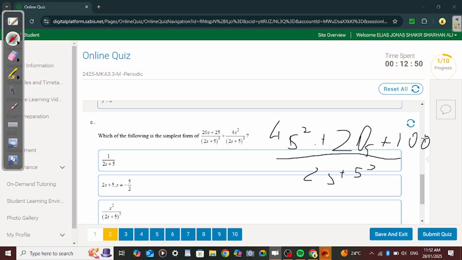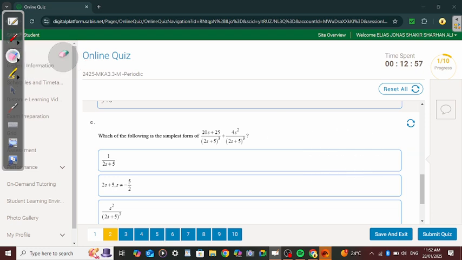That is 10 and 10. So it becomes 4s plus 10, 4s plus 10.